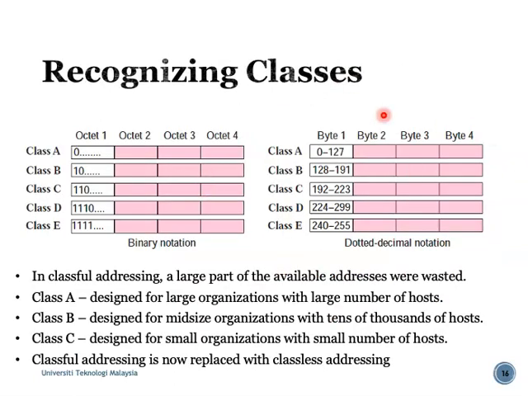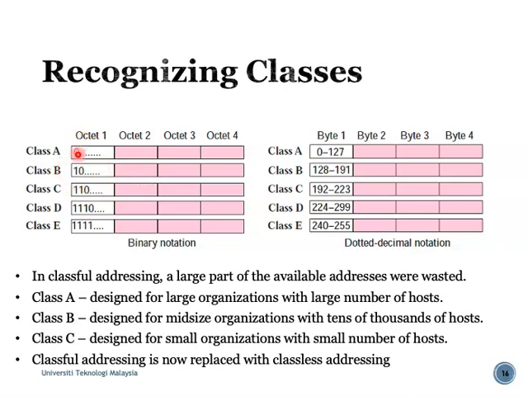In this figure, we can find the class of an address when the address is given either in binary or in dotted decimal notation. In binary notation, the first few bits immediately tell us the class of the address. In dotted decimal, the value of the first byte gives the class, which is converted from the binary number.